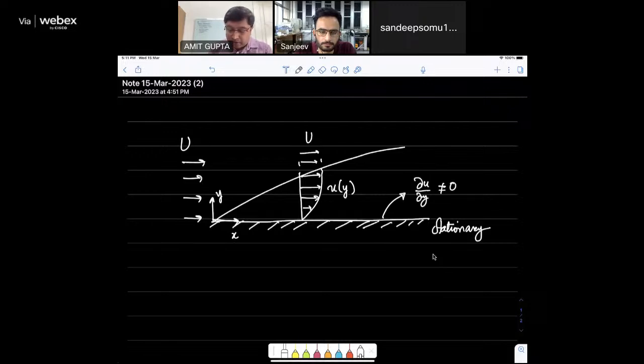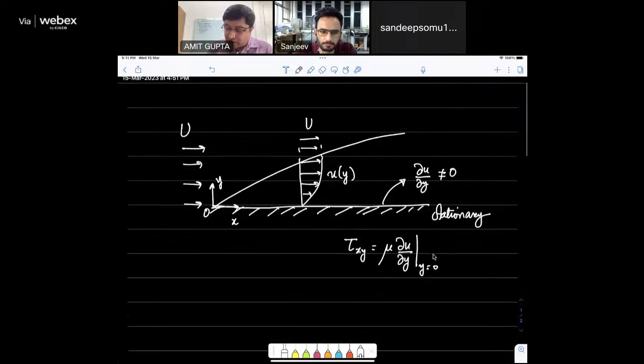And if I assume the fluid to be Newtonian, I would typically write tau_xy = mu du/dy at y = 0, because I fixed the y coordinate in a certain way. So y = 0 is basically the surface of the solid. This shear is non-zero. There's a non-zero shear that the fluid will experience. That's a friction, basically, the friction that you get from the wall.